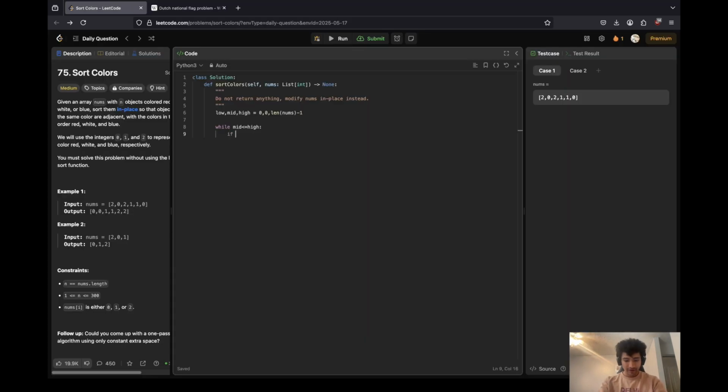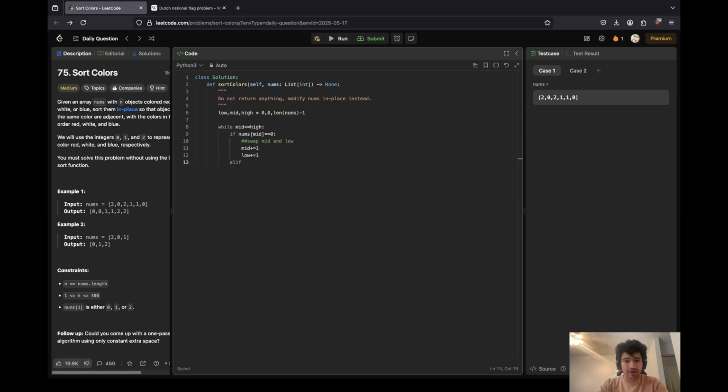So if our nums of mid is equal to 0, in this case we'll swap mid and low, right? And mid will be incremented by 1, low will also be incremented by 1.